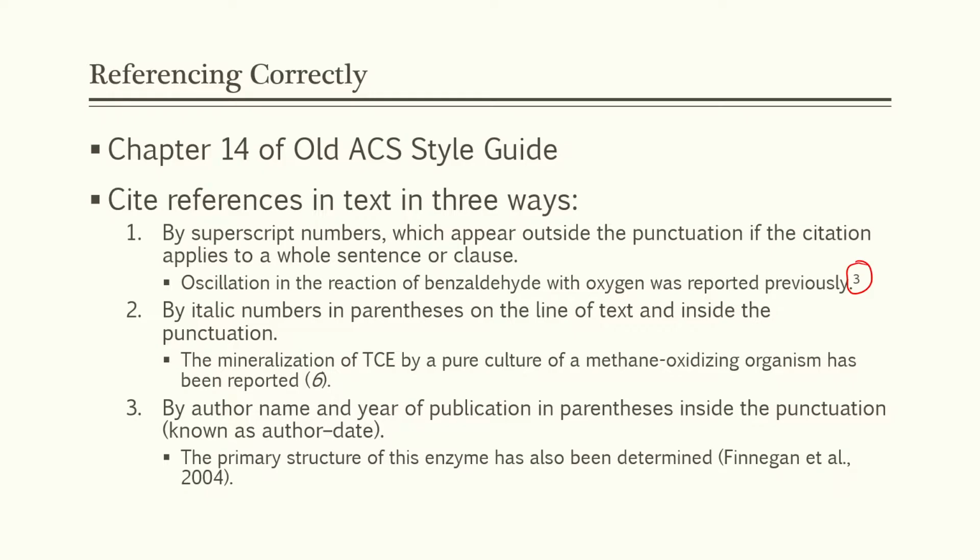The second way is by using italic numbers, and this one goes inside the punctuation. So here it is for this sentence, and it goes with the sentence, then that information comes from another source. Notice I keep saying information. It's not even that you're using words that were already used by somebody else.